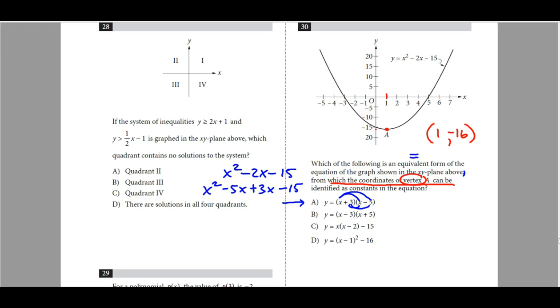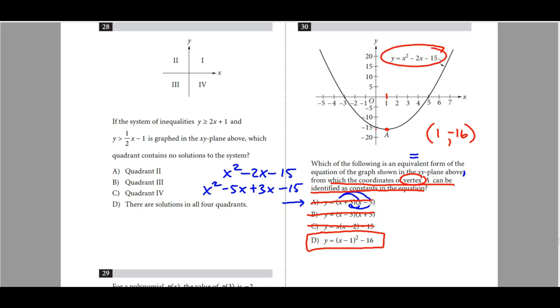So that's the coordinates of the vertex. It says, which of the following is the equivalent form where the coordinates of the vertex can be identified as constants in the equation? So that 3 and that 5 don't help me with the vertex. Neither does this one, and neither does this one. The correct answer here is D. If you actually multiply that out, you will get this equation.